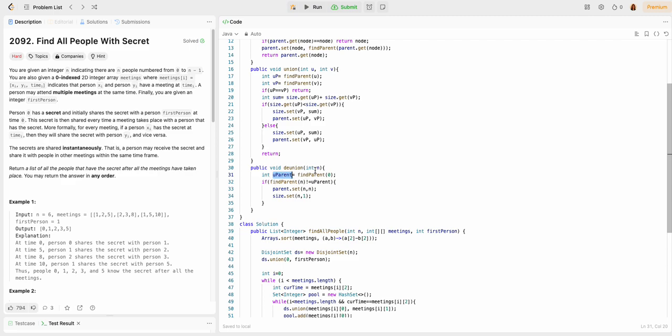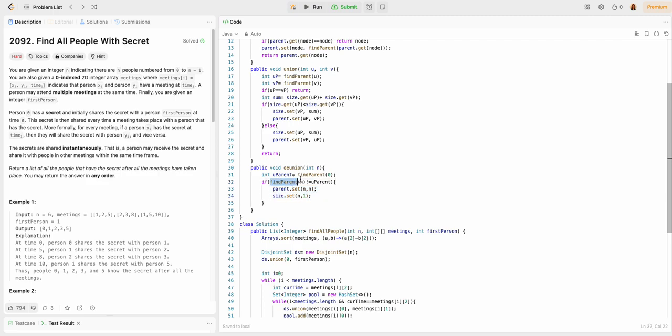And now I'm checking for all the other people: is their ultimate parent also u parent? If it is not, then just update their parent back to what it was earlier, that was themselves. Whatever they were, like 2 will be the parent of 2, 3 will be the parent of 3, and so on. So update the parent back to whatever it was earlier.